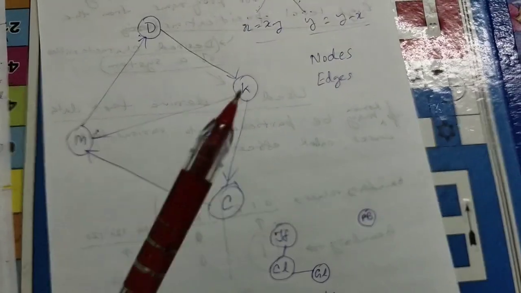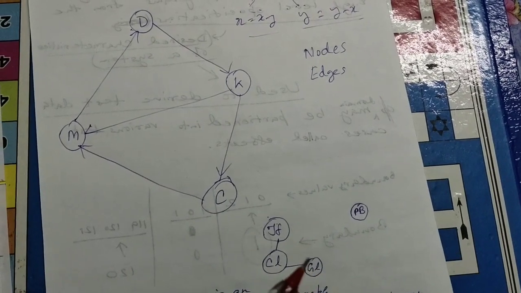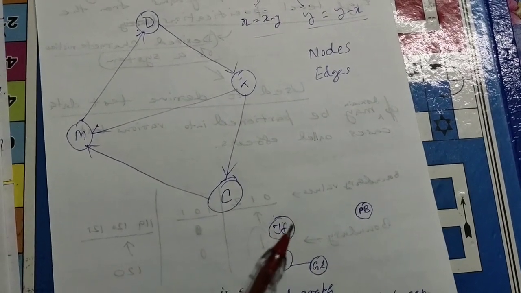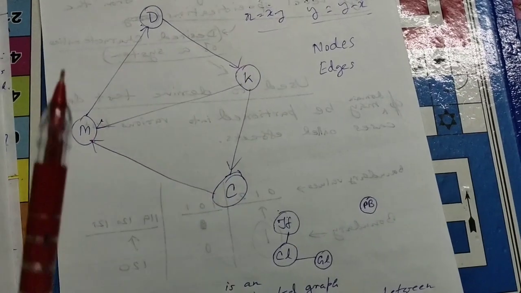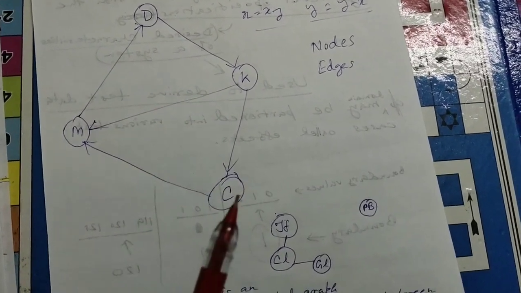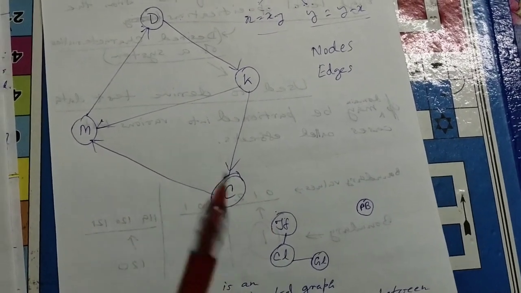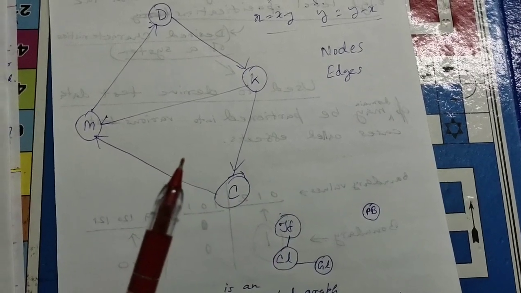Okay, so DKMC, these are connected. Jaffna, Colombo, Galle, they are also connected. But as a whole, if we consider this graph, all the nodes are not connected. You can see the gap here, right? So here we can get 2 connected components.